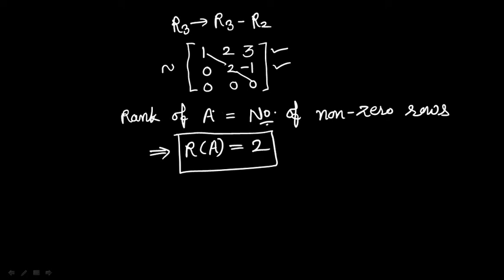Now we discuss the second example for a 4 by 4 matrix. Example number 2.